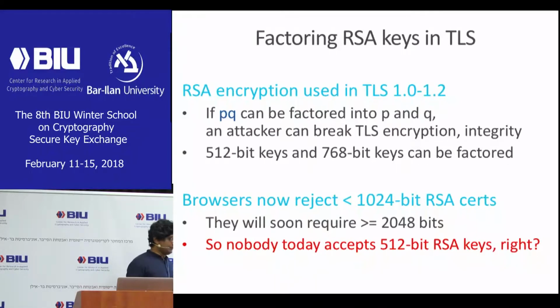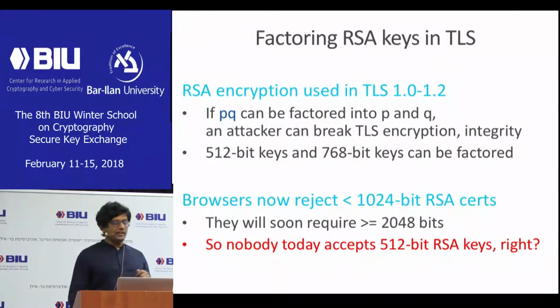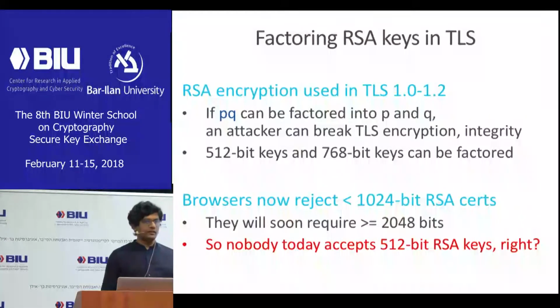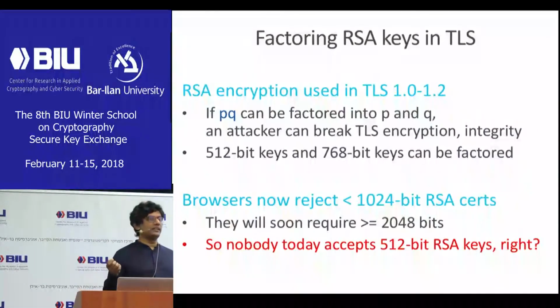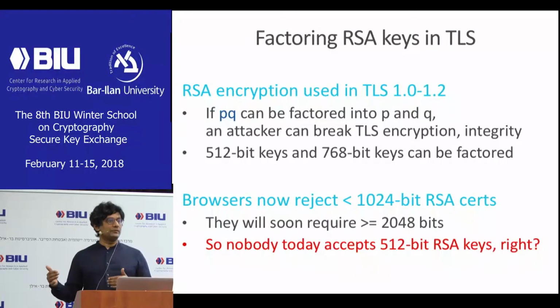So browsers right now will reject any RSA certificate that has less than 1024 bits. They were supposed to move to 2048 bits this year, but apparently there are enough servers that are supporting 1024-bit RSA that they've had to postpone it a few times already.